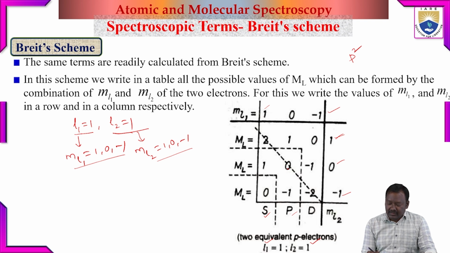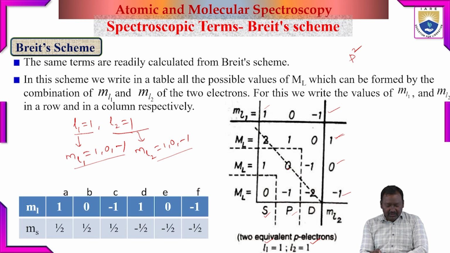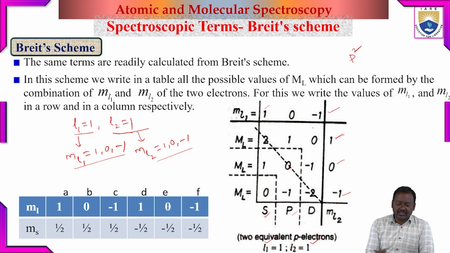Here we can form different combinations of electrons that can exist for the two electrons.